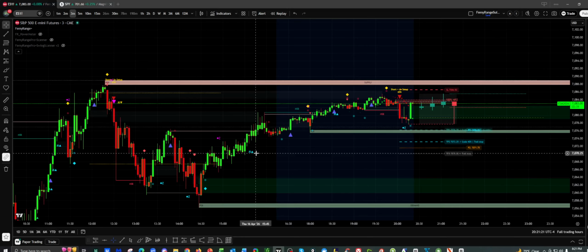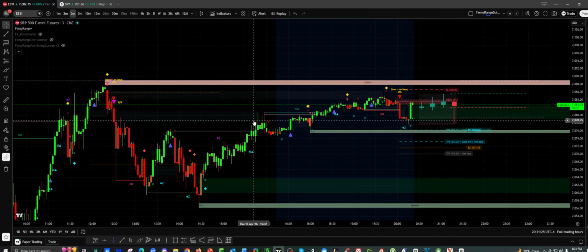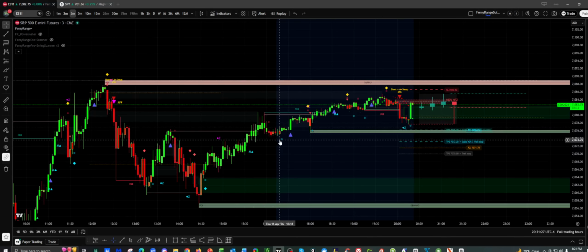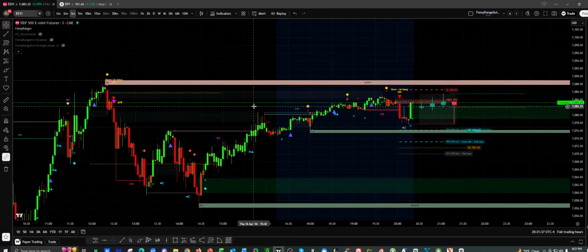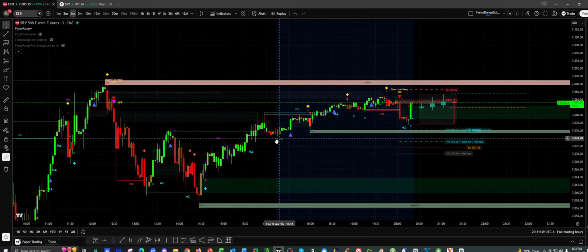And then when you see the letter M with the triangle, that's just momentum, meaning there's a momentum push coming. And then this dot is just a change in context of the market, that the market wants to continue to push up. So if you're already on the upside, then there's no reason for you to get out, just stay on. Now, right here looks like a pullback.